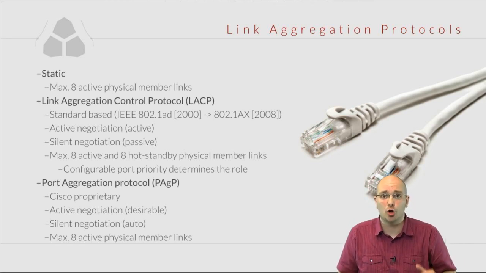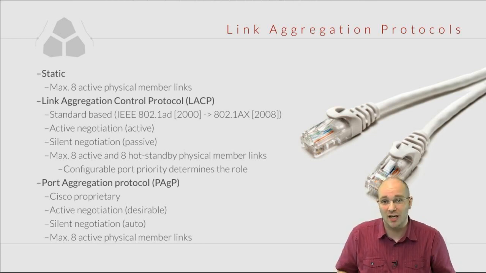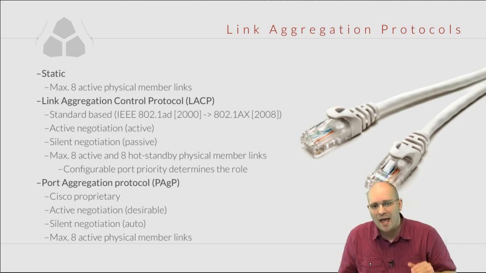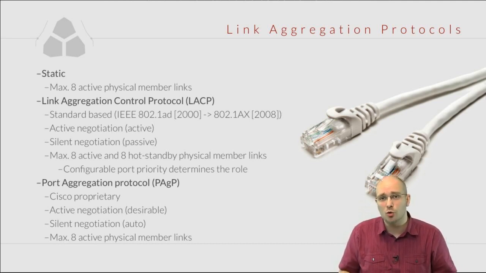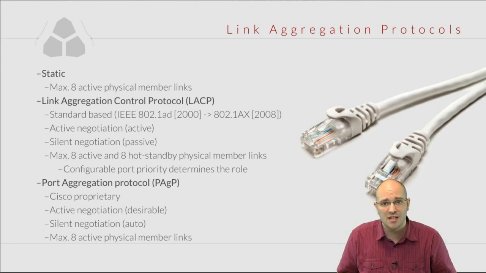These frames are going to attempt to negotiate with the other side the use of EtherChannel, or the link aggregation group, as it is correctly called in IEEE documents. Alternative to active negotiation is the passive silent negotiation, in which case we don't send the LACPDUs. We expect to hear from the remote side before we respond. In the LACP world, this is called passive mode.